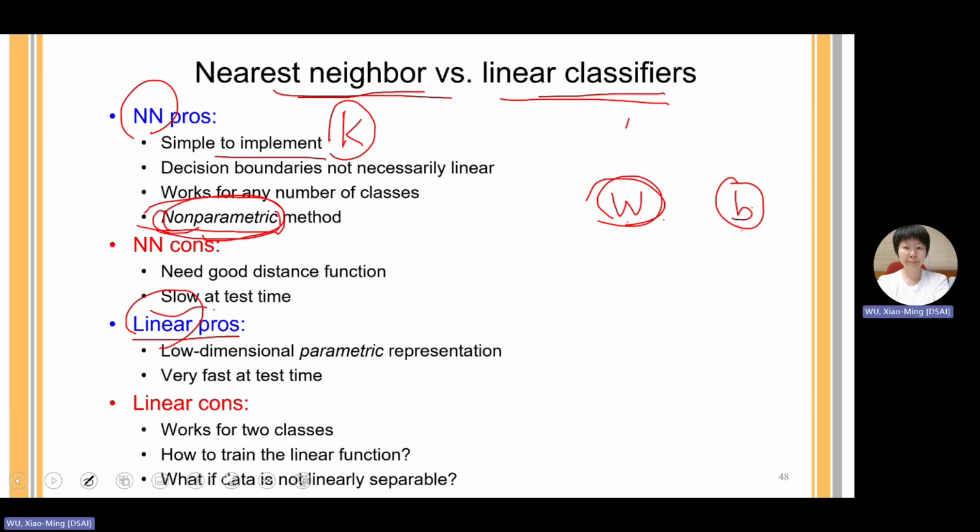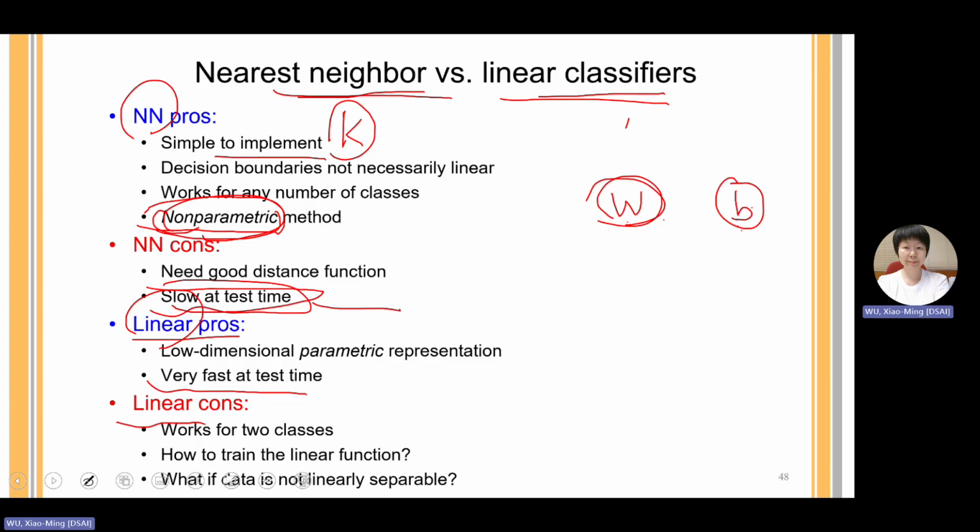So the nearest neighbor classifier is very slow at test time. Why? Because it needs to compute the distance between the test sample and every single training sample to identify the nearest neighbor. So it's very time consuming. On the contrary, a linear classifier requires training.